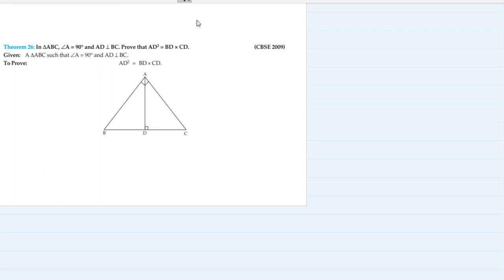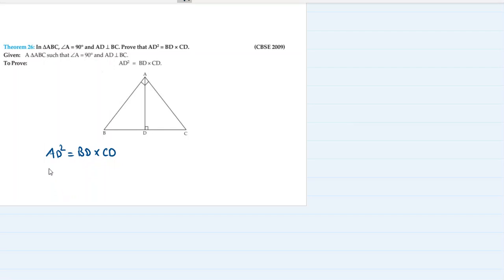I would like to just invoke a technique which we had used maybe a few lectures back, that is similarity technique. Okay, so just look at what I'm doing. See what we need to prove. AD square is equal to BD multiplied by CD.